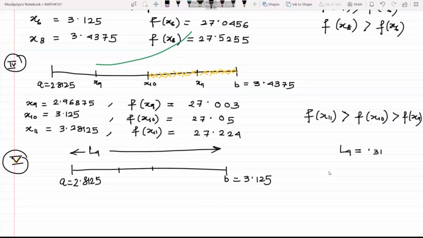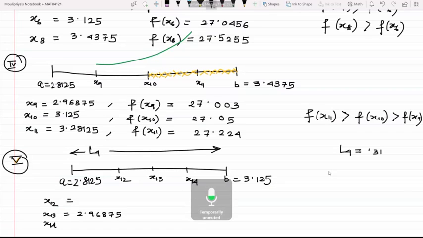this is x12, x11, so 12, 13, 14. x12, x13, x14. x13 is the midpoint of the two, 3.96875 precisely. x12 is the midpoint of these two, so it is 2.8906, perfect.